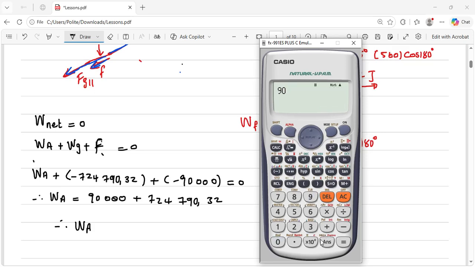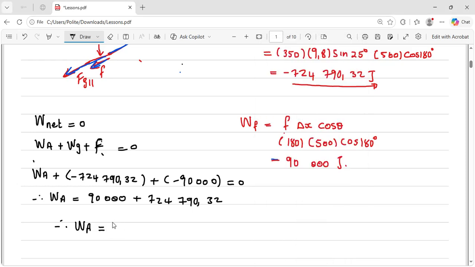So this will be 90,000 plus 724,790.32. When we add the 2, we get 814,790.32 joules. So this is the work done by the applied force.